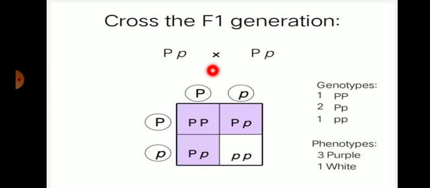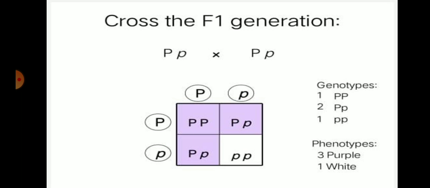By the fertilization of the F1 generation, we split the gametes of this F1 generation. So capital P, small p, capital P, small p. Using the Punnett square, we can form the genotype of the offspring. So capital P, capital P, capital P, small p, capital P, small p, small p, small p.